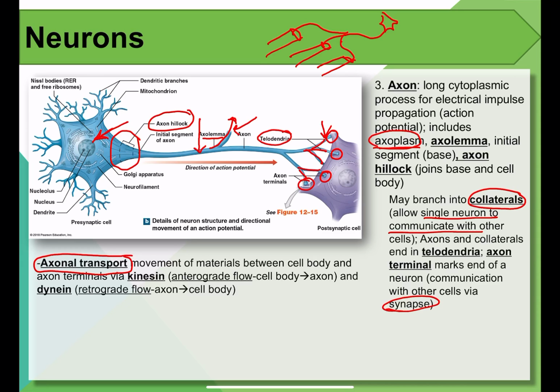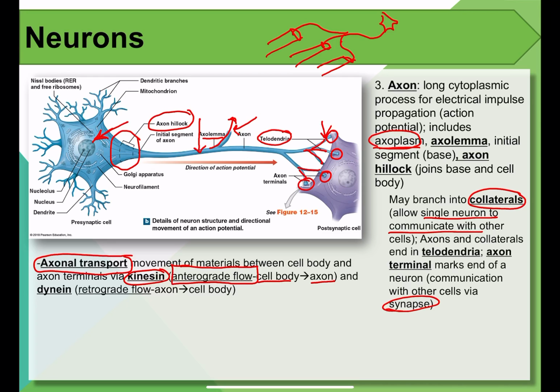The transport protein that allows things to travel from the cell body to the axon is called kinesin, and this direction of flow is called anterograde flow. Anterograde flow is towards the axon terminal.